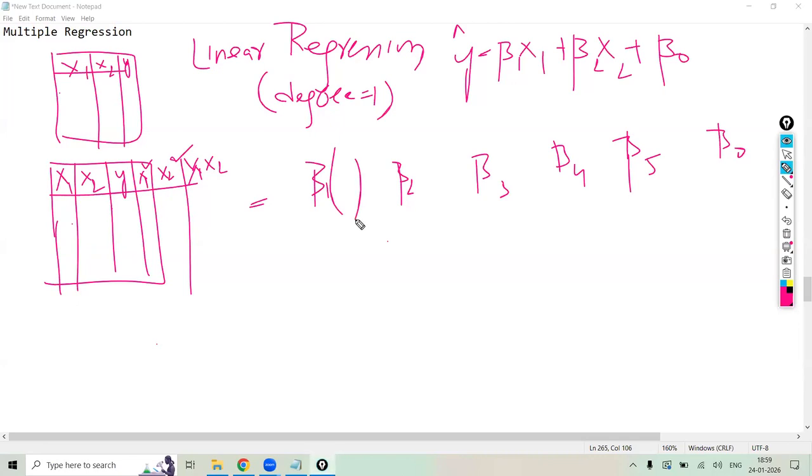Beta 1 has to be multiplied with the first column name. Beta 2 with the second column name. Beta 3 with the third input column, that is x1 square. Beta 4 with the next one. Beta 5 with the next column name. And commonly beta naught. That is the equation. Clear, everyone? Yes or no?